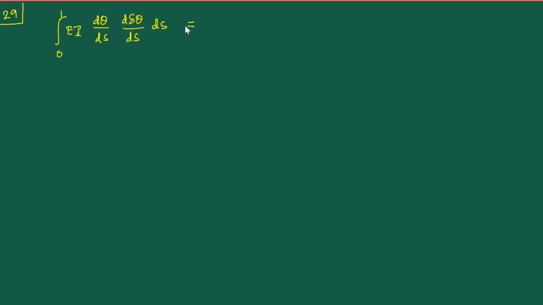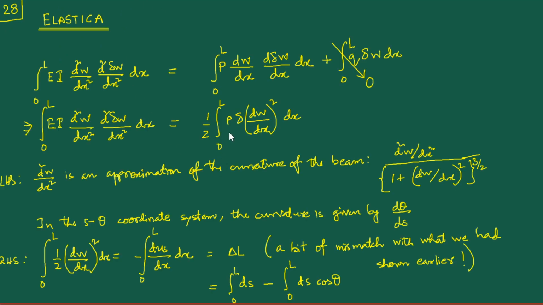The right hand side, let's check. We have this P can go out of this integration, no problem there. So we have this half delta dw dx square. And we have just seen that this half dw dx square is this entire thing. So what we really have to do is take the delta of this entire thing, keeping in mind that the P should be also outside.